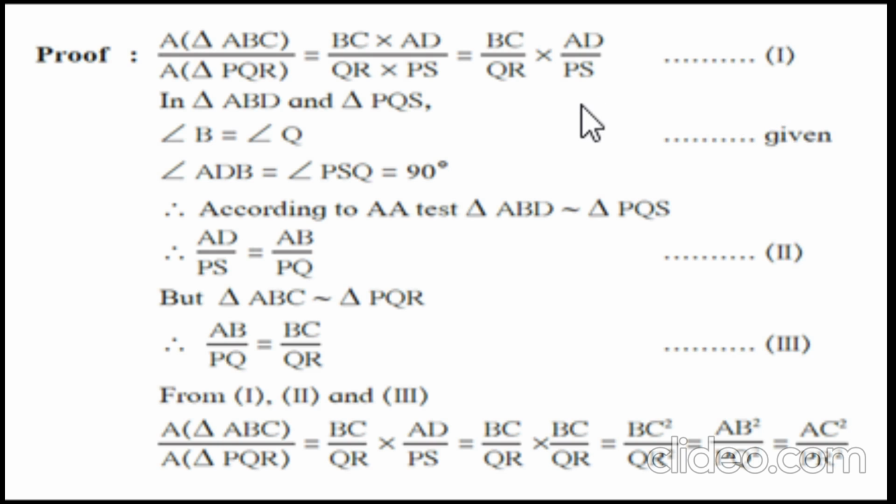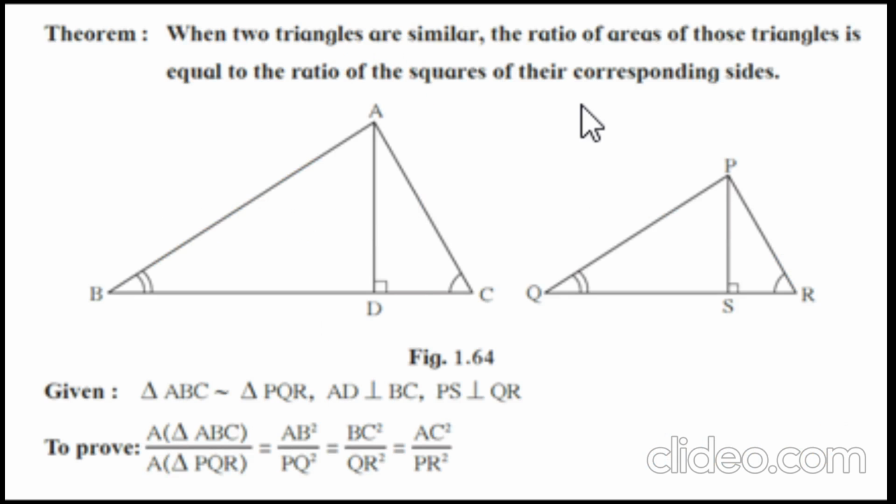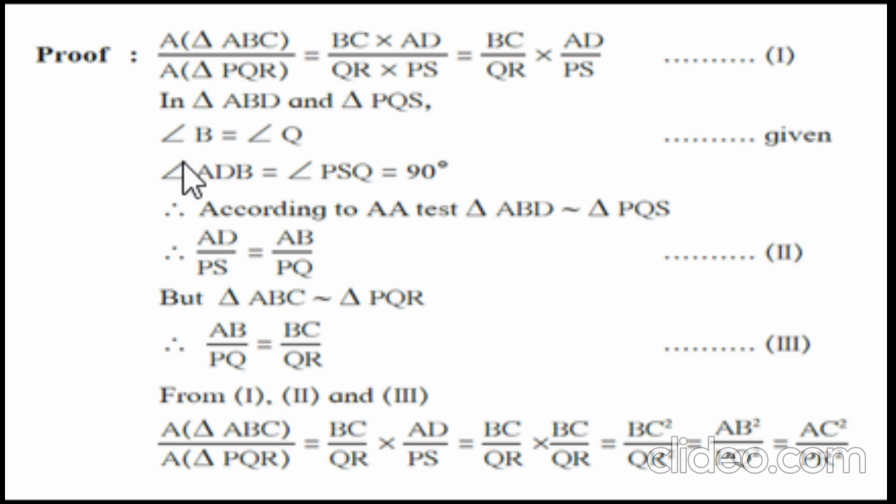Now we are taking these two triangles, ABD and PQS. This one and this one. Now in these two triangles, see, angle B is equal to angle Q, it is given.